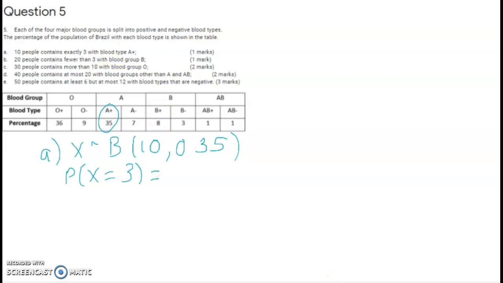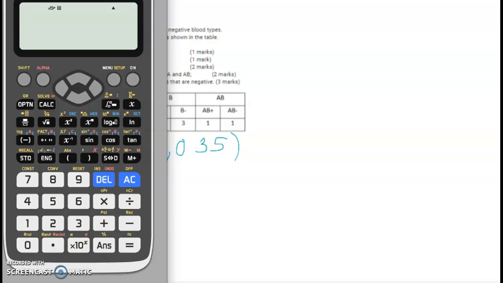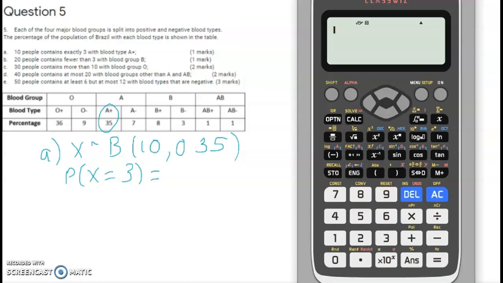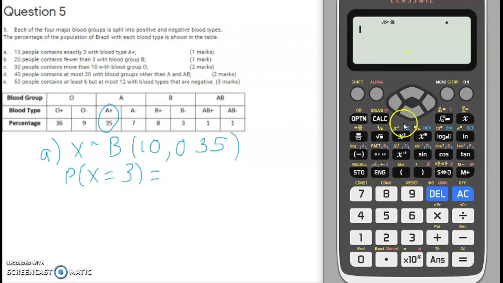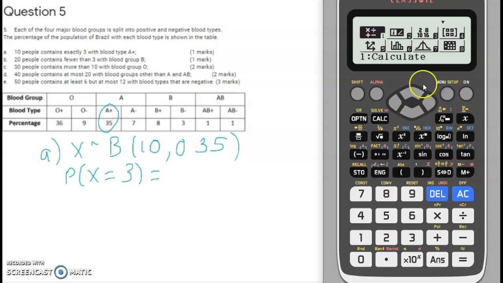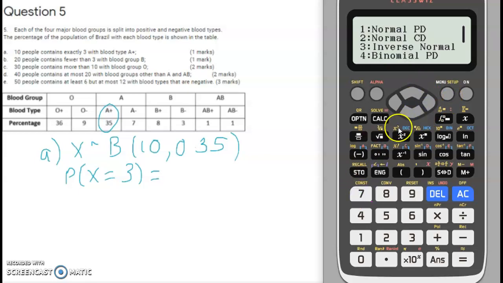So I'm using an exact or a precise distribution. I'm either going to use my calculator or the formula. I'm going to go menu and distributions, which is number 7. And it's a precise distribution, so I'm going to go for binomial PD and variable. I want the value when x is 3, when n is 10, and when p is 0.35.